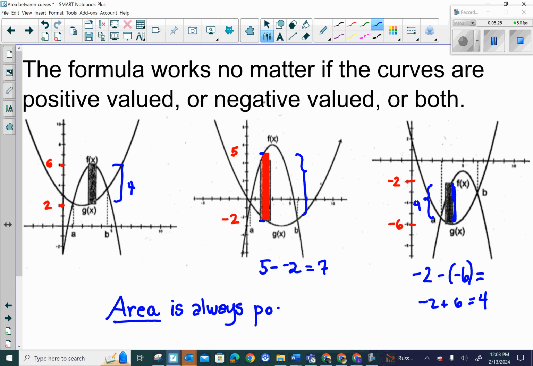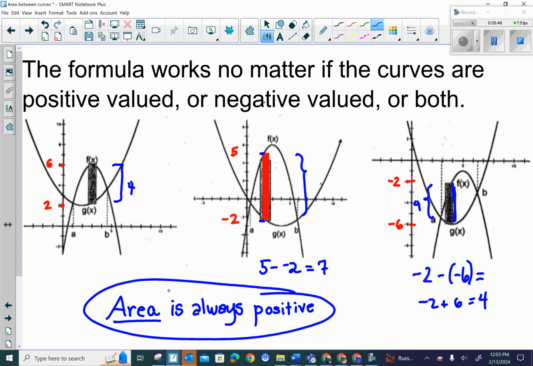So sometimes the integral measures the opposite of that area if the function is below the curve. But in this case, we always find the area of that rectangle by taking upper function minus lower function times delta x, or the thickness of the rectangle. Okay? So it will always work no matter where those curves are.